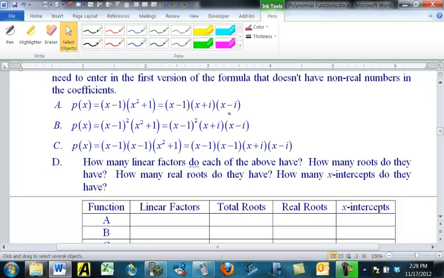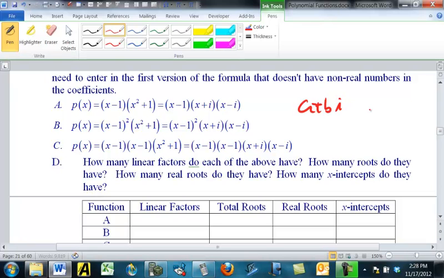So this is the complex conjugate theorem that says if you've got a polynomial with real coefficients, then if it has any non-real roots, they have to be conjugates. Remember, conjugates means if one of them is a plus bi, the other one's a minus bi. And so if one of these is a root, so is the other one.